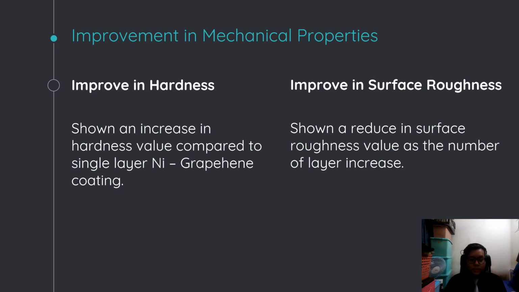Based on previous research and studies, multilayer coating recorded a better hardness value compared to single layer coating. Second is improvement in surface roughness. It is expected to show a reduction in surface roughness value as the number of layers increases, as stated in the literature review, where the increased number of zinc iron layers decreased the surface roughness value.